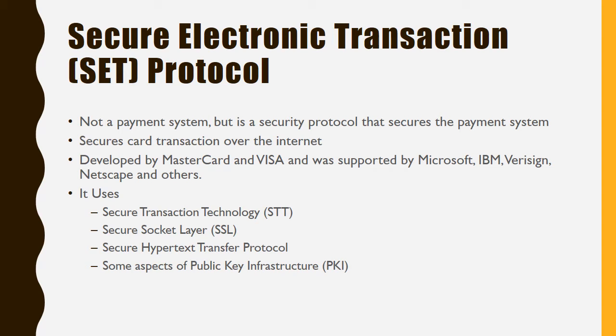Next is SHTTP. SHTTP is also known as Secure Hypertext Transfer Protocol, which deals with message level security. Message level security means that even if your browser is not secured, if you have SHTTP, the message or the information that you are sending can be secured.